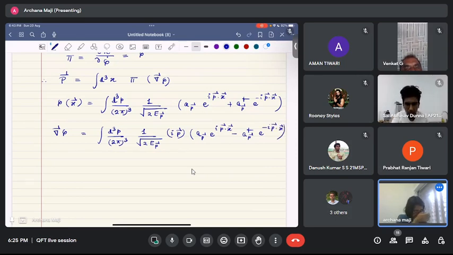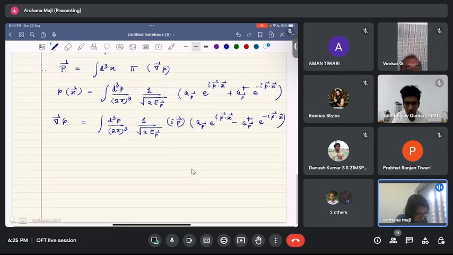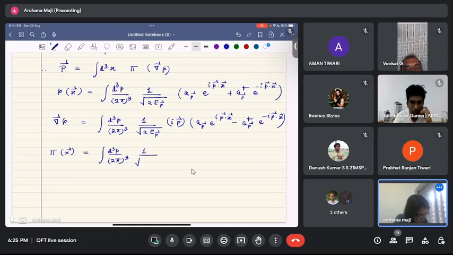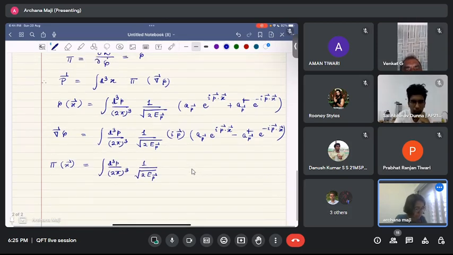And recall the momentum operator as well, where E_p was the square root of p squared plus m squared. I think in our previous sessions we wrote E_p as omega p.